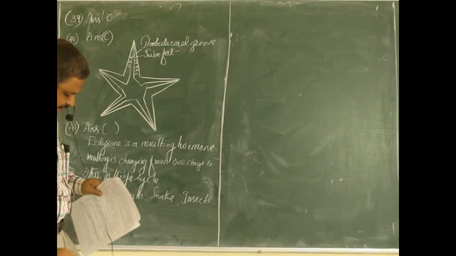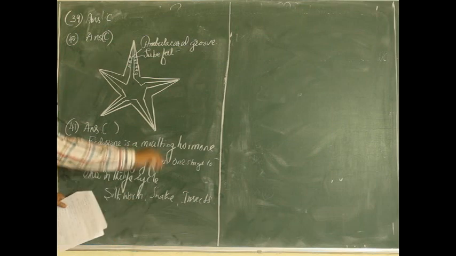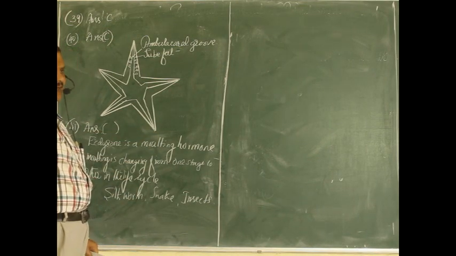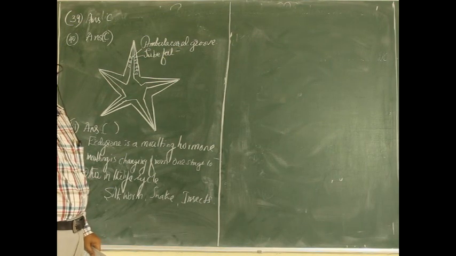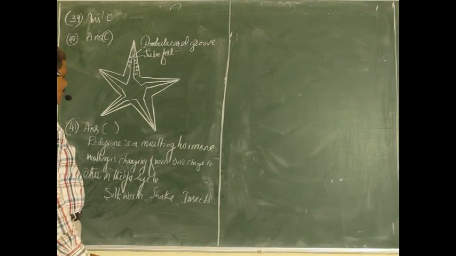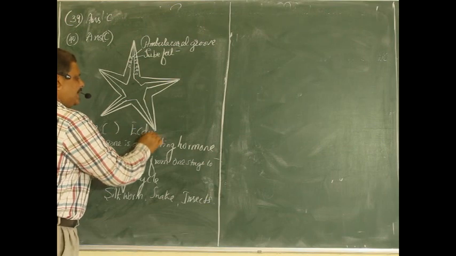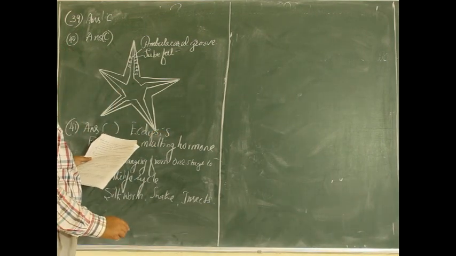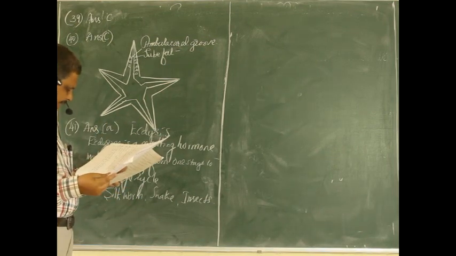Molting means shedding of the exoskeleton, which is observed in snakes. They may shed their skin, and that particular process is called ecdysis. And the answer for this question is option A.